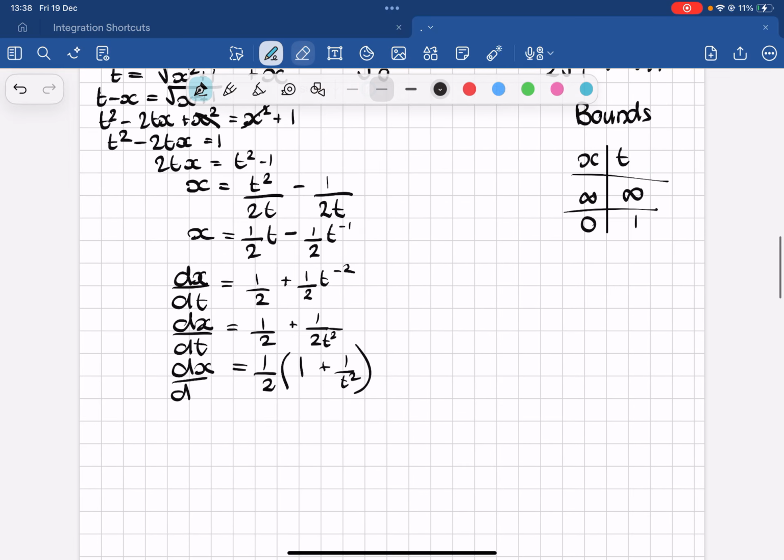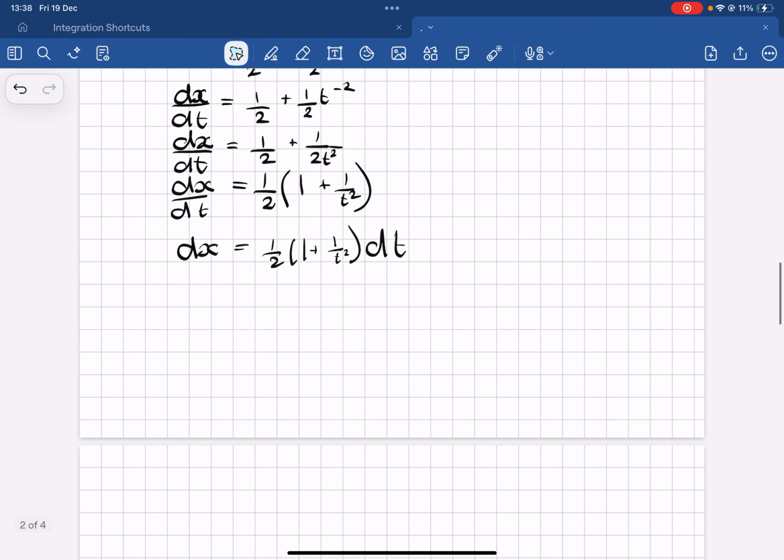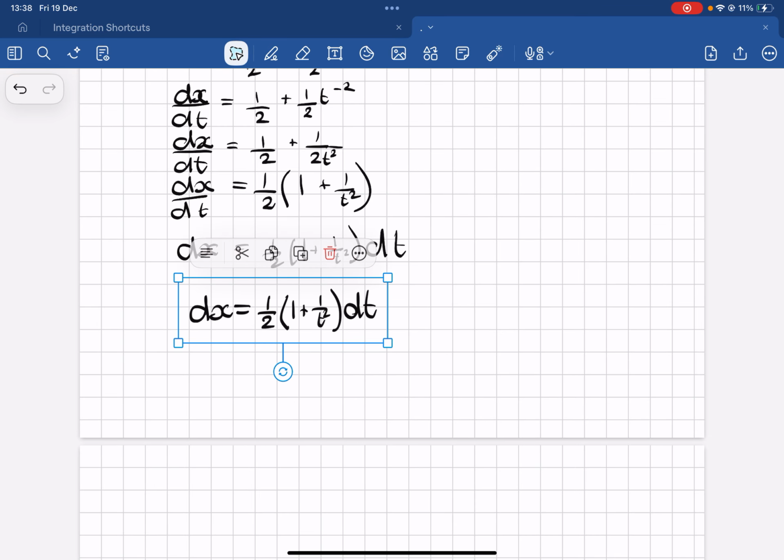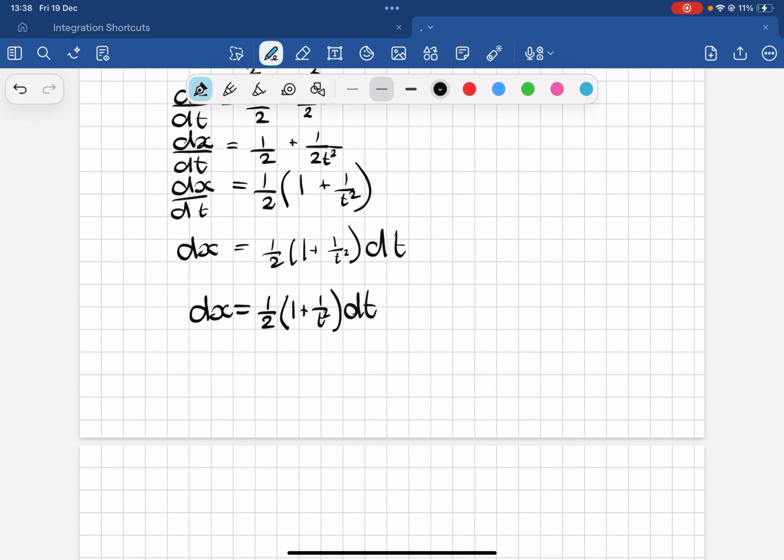And what we can do now is isolate the dx, so we've got a half times 1 plus 1 over t squared times dt. And if we bring in our comparison, voila, we've got what we needed.